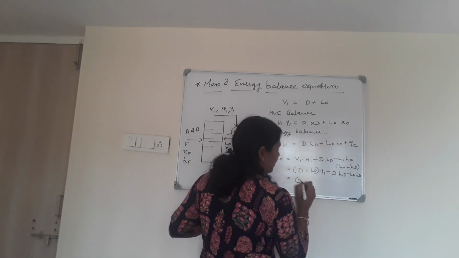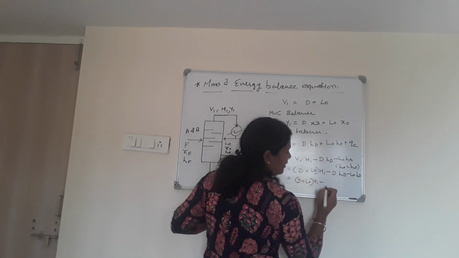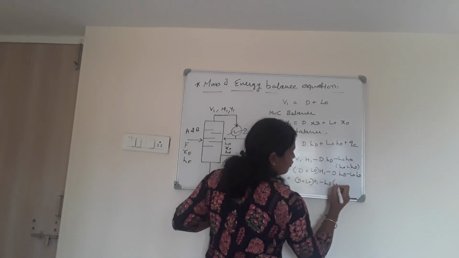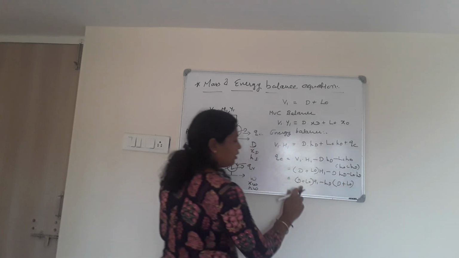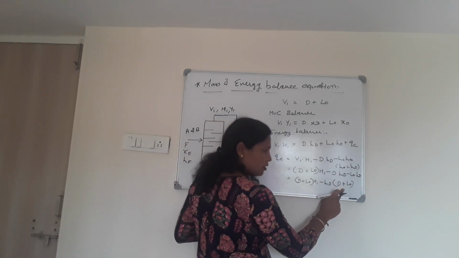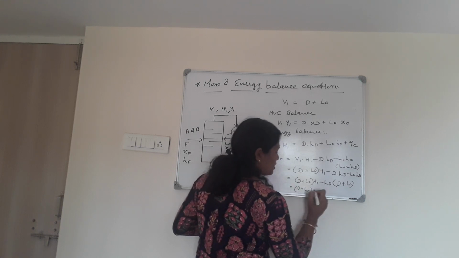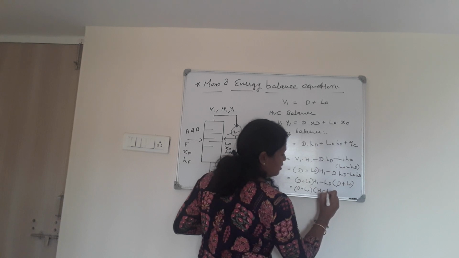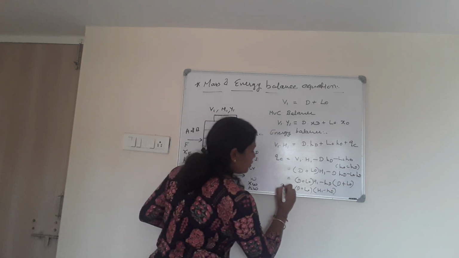So here we can take minus HD out. So it becomes D plus L0, and here also D plus L0. So we can take D plus L0 out as common, and we have the equation: D plus L0 into H1 minus HD is equal to QC.